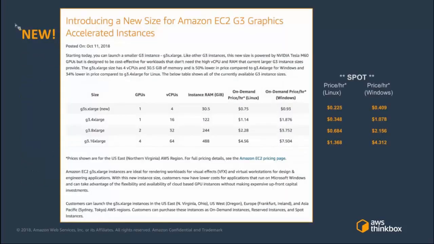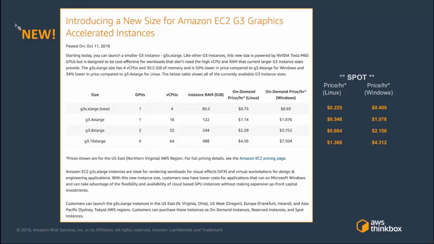I alluded to it when I said the G3 4XL is the smallest instance type. Actually, as of 1 week ago, on the 11th of October, we announced this slightly smaller type. There are a couple of exciting things here. It just has the 1 GPU in it, which is all you need for streaming.